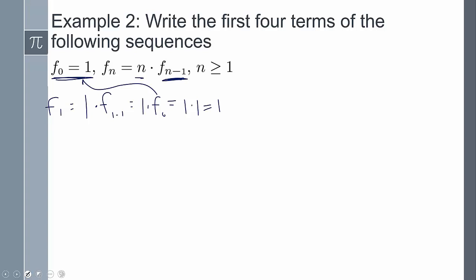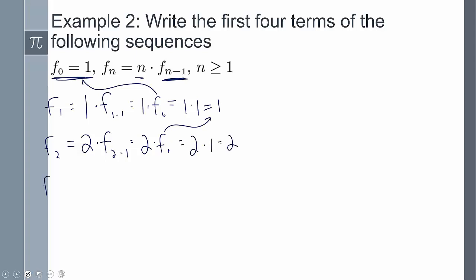Then f of 2. That's going to be 2 times f of 2 minus 1, which is 2 times f of 1. Well, f of 1 is right there. So that's going to be 2 times 1, which is 2.